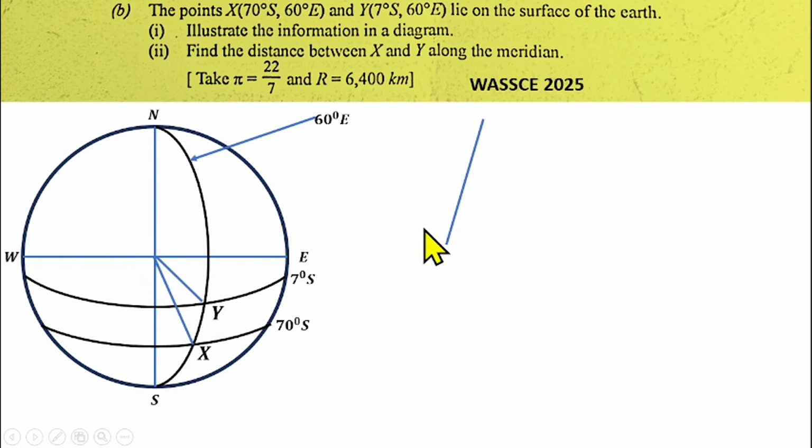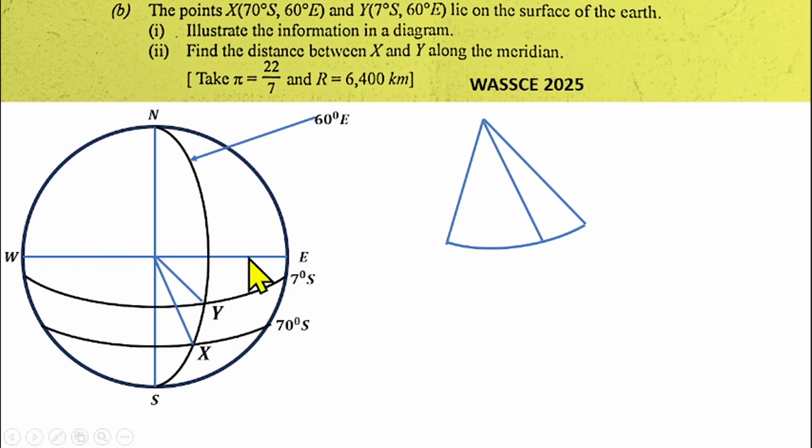Then if I draw this diagram, I'm going to have something like this, with the arc here. Then this line here, where am I going to put my Y? Because I'm starting between the angle 7 degrees and 70 degrees, this one is closer to 0, to the origin.